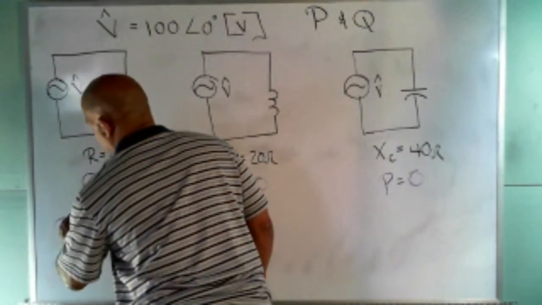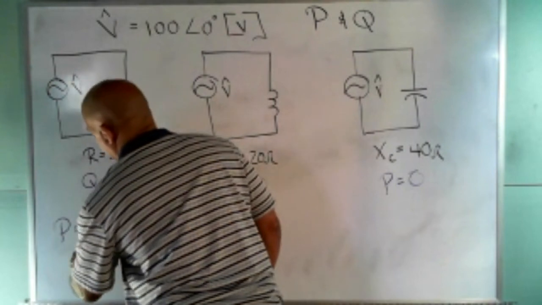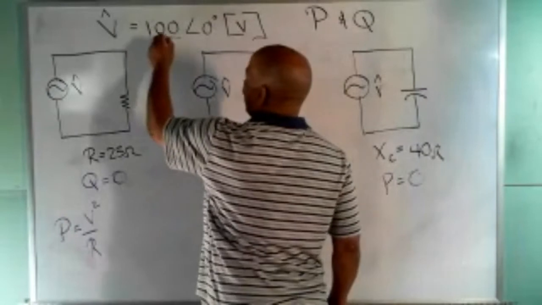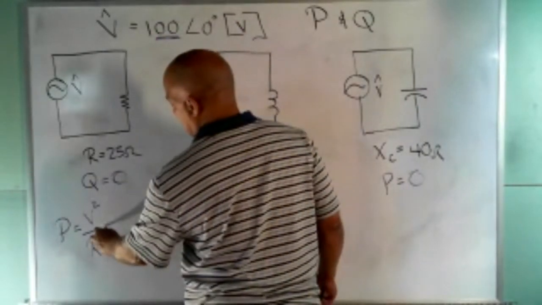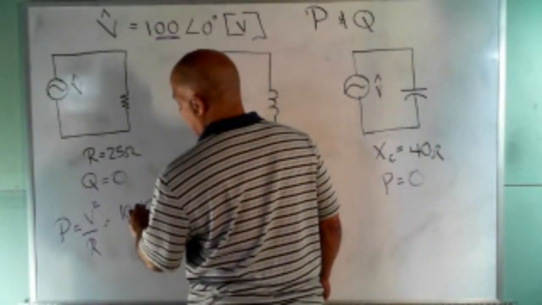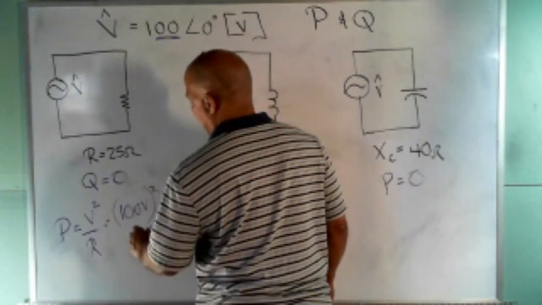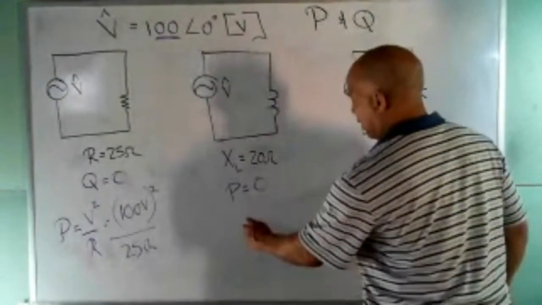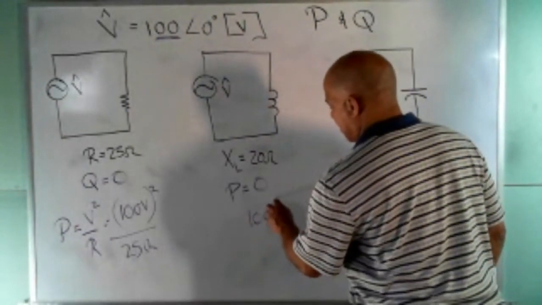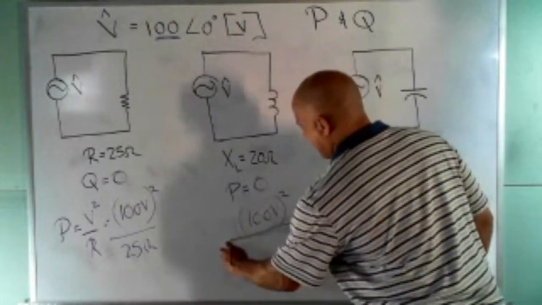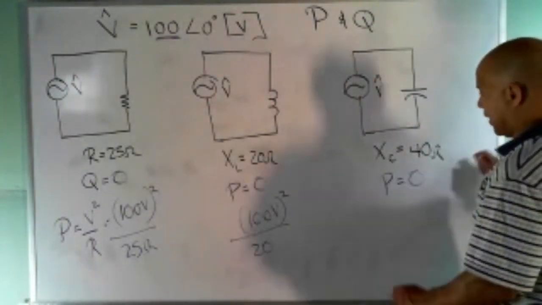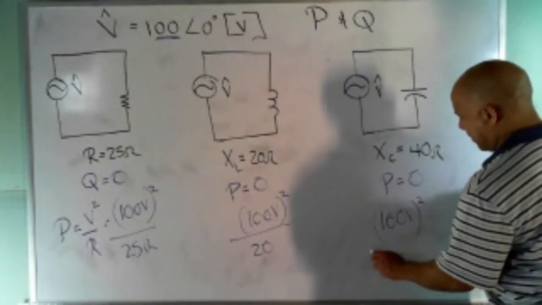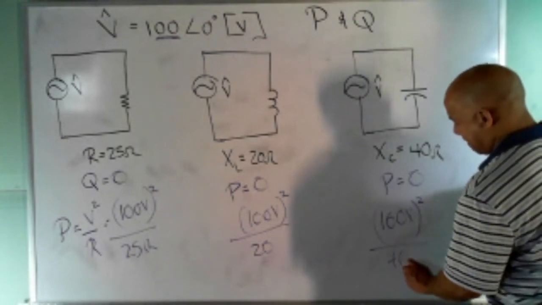P, if we use V squared over R, we can actually use that form of Watt's law to solve for all of these. I got my voltage magnitude is 100. So I got 100 volts squared divided by 5. Over here, I got 100 volts squared divided by 20. And over here, 100 volts squared divided by 40.